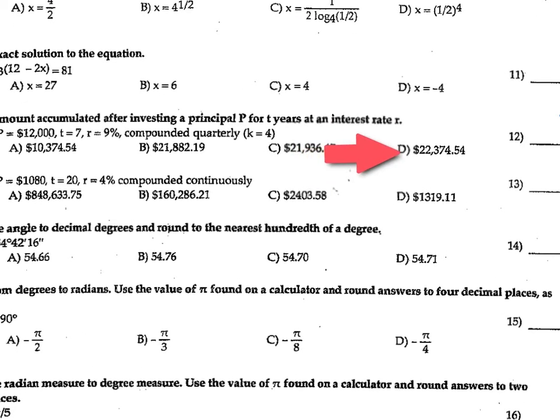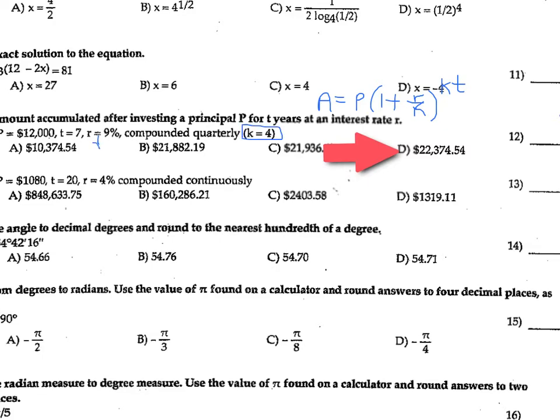So if you need to copy this on the formula chart, make sure you add that. It is A equals principal times 1 plus the rate over K, and the exponent is K times T. We need to know what each one of those is. Here they're telling you that K is 4.